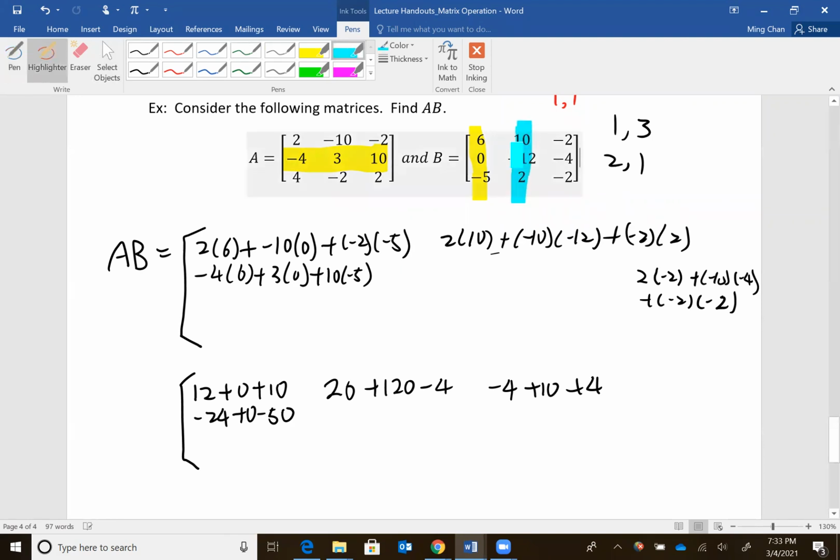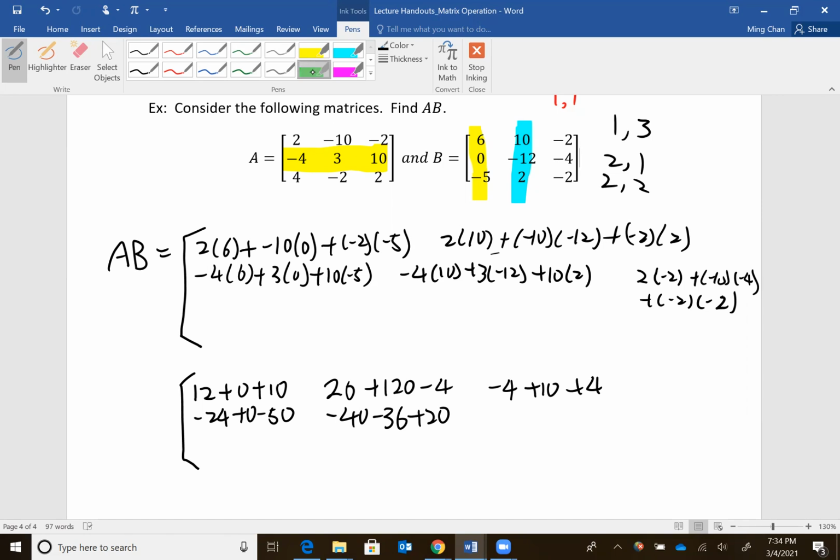All right, let's do the blue one. Row 2, column 2. So that should be -4 times 10 plus 3 times -12 plus 10 times 2. Hopefully you kind of get an idea. Row 2, column 2 will be the 2-2 entry. So that will be -40 minus 36 plus 20.